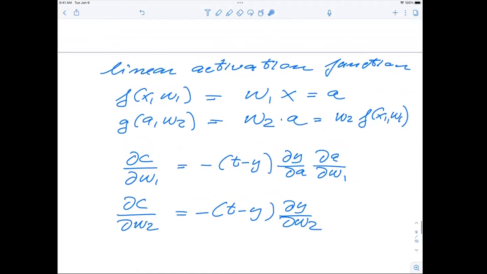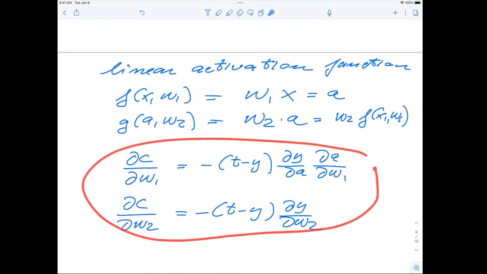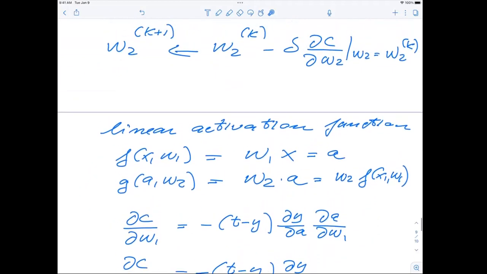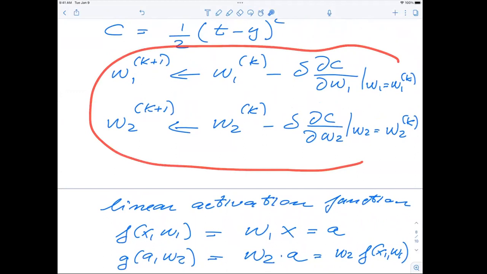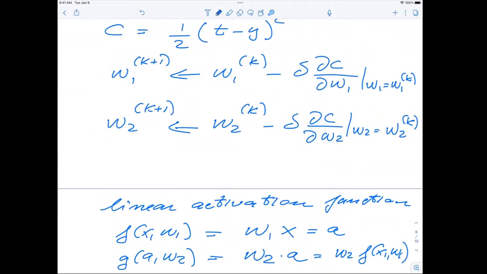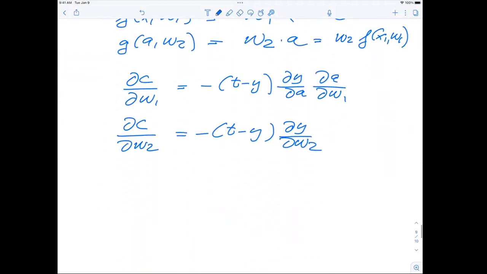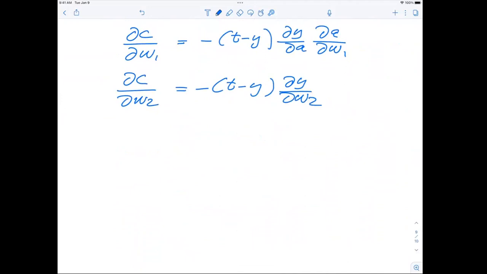Then these two expressions, which you see here, if we now want to perform a fit and optimization, then we will simply have to plug these expressions for the derivatives into the expressions which you have here. Now, if you look at the actual expressions we get, we would now find that this dC with respect to W1 is given by minus (t minus y), and it is multiplied with x.